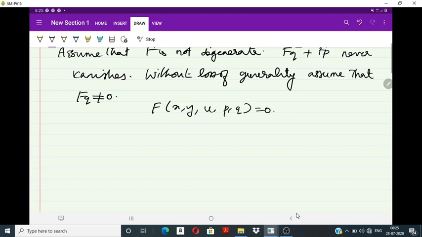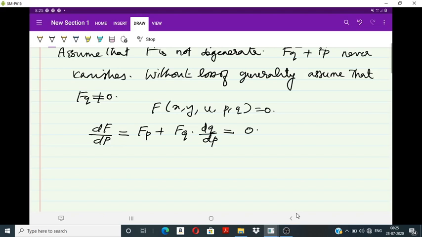So differentiating this equation with respect to p, that is df by dp, we have to calculate. What is df by dp? F contains p and also q, where q is a function of p. So this is fp plus fq into dq by dp, and the right side is equal to 0.